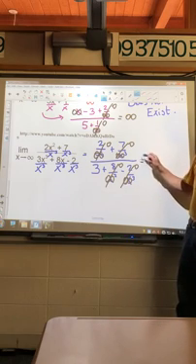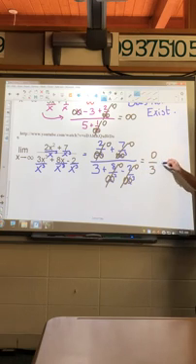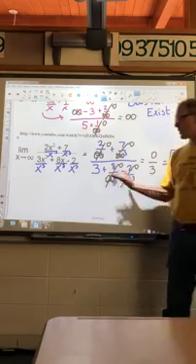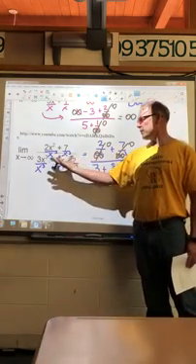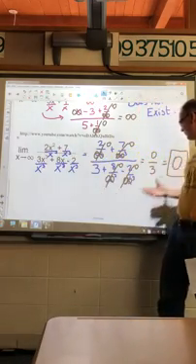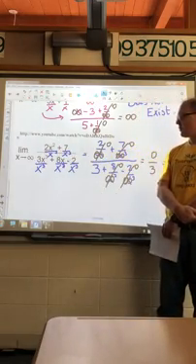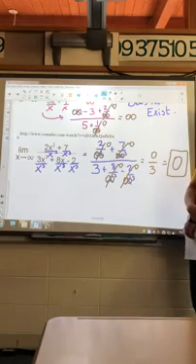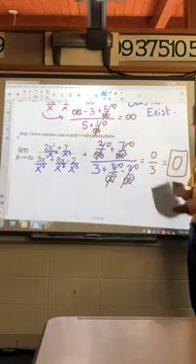So I'm left with 0 over 3, which is 0. So as your x values get bigger and bigger, the value of this fraction is going to be very, very close to 0.